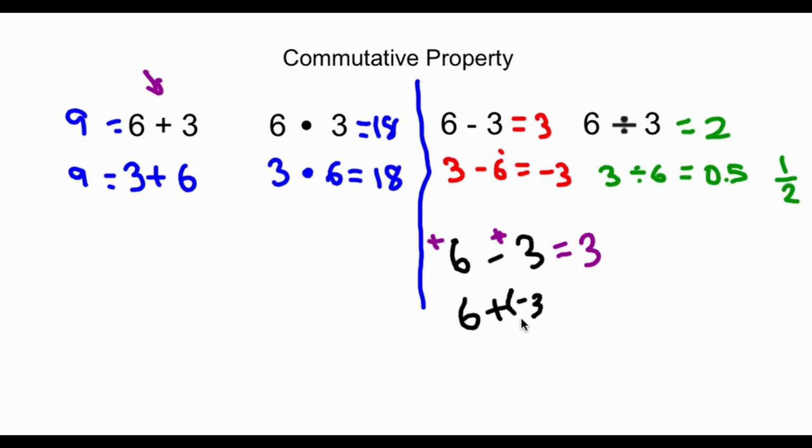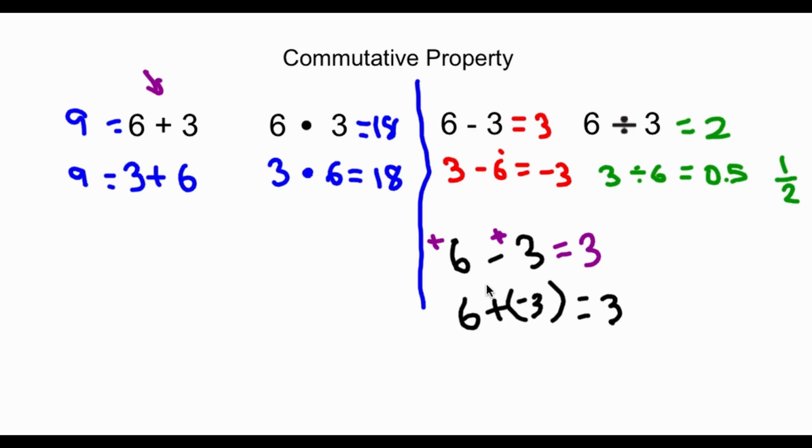If we add a positive 6 with a negative 3, we end up getting the same result, a positive 3. What this tells us is that subtracting a positive is the same as adding a negative.